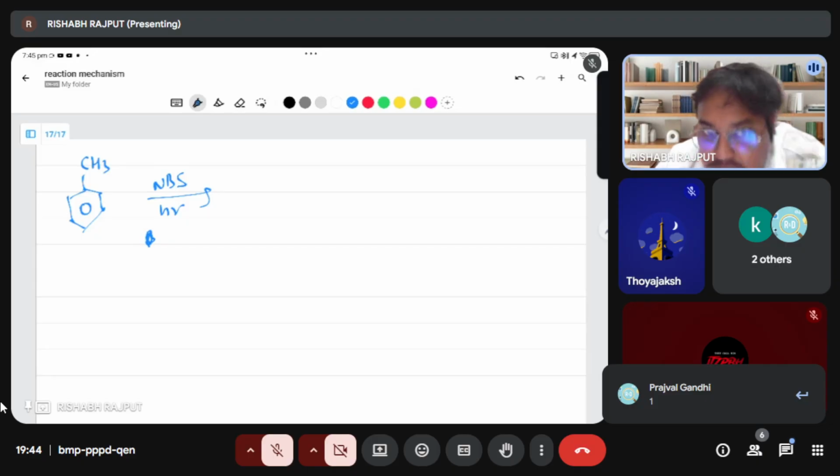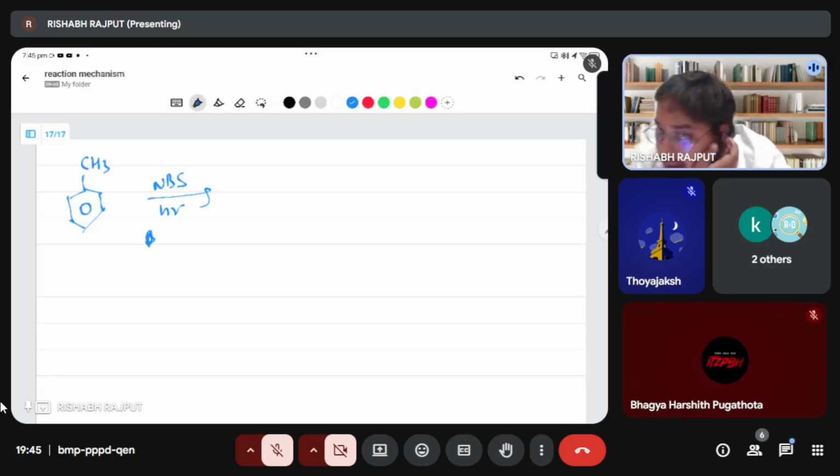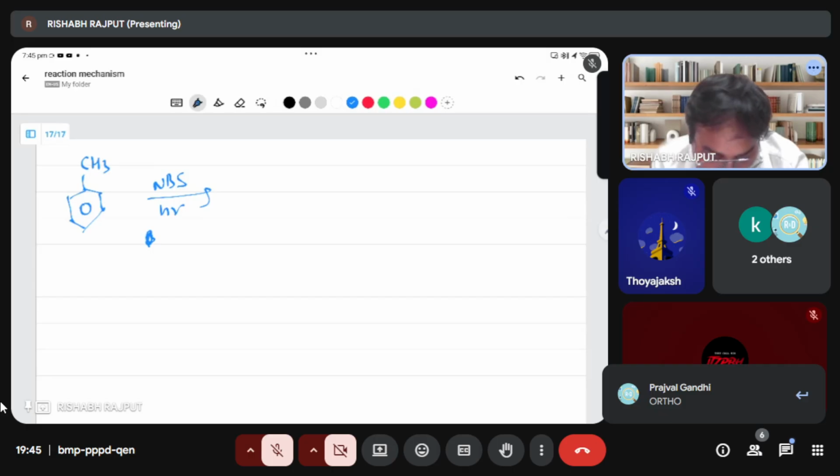Yes, one is formed, but the others are minor products in a small percentage, you can say 1 or 2%. Four types are possible here, yes, in small amounts.